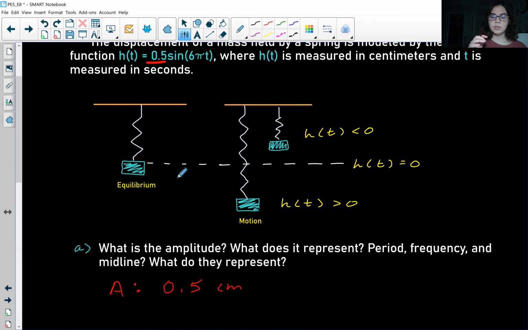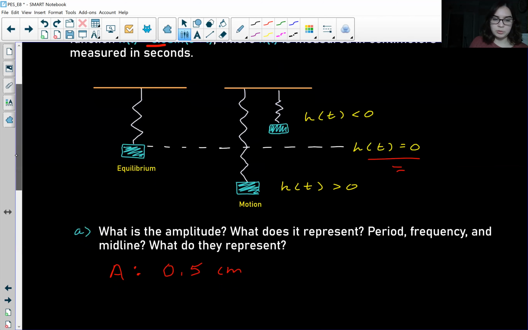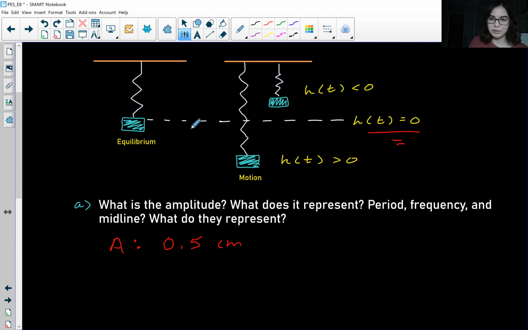It's like your maximum value above the midline and your minimum value below the midline. So really, 0.5 centimeters is going to be that maximum distance from equilibrium, because our midline is equilibrium. I should have asked that first. It's going to go a maximum of 0.5 centimeters above or below that.